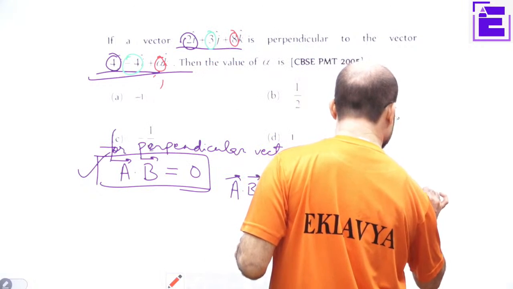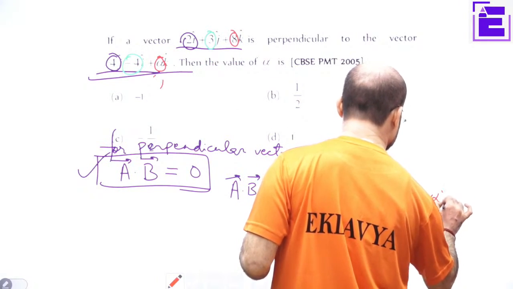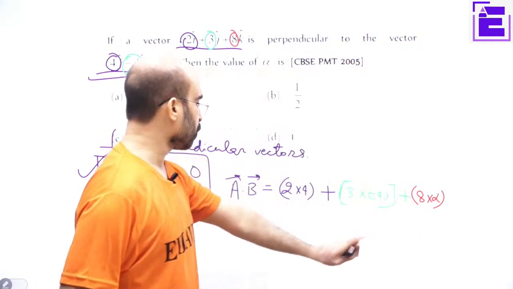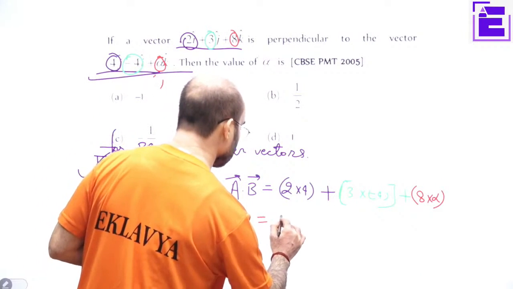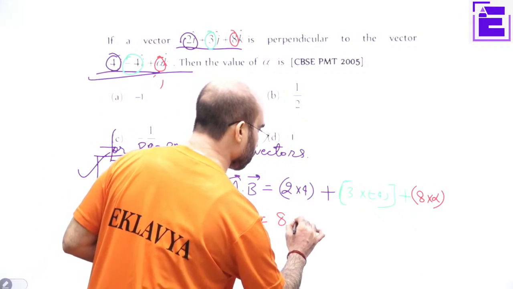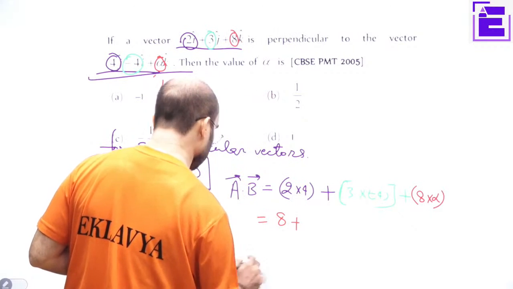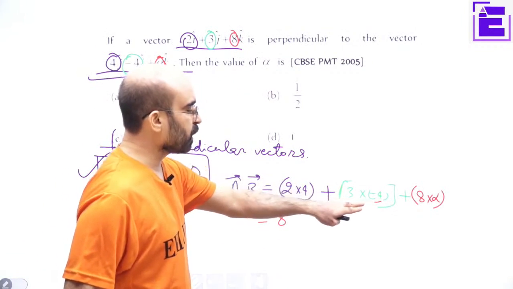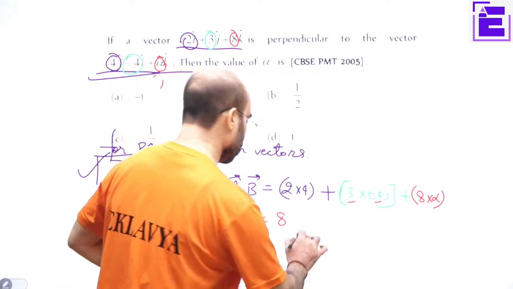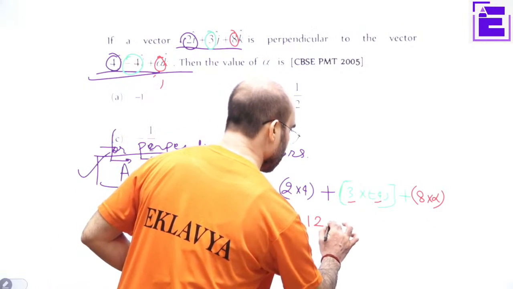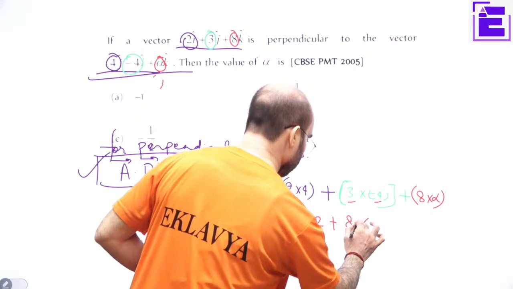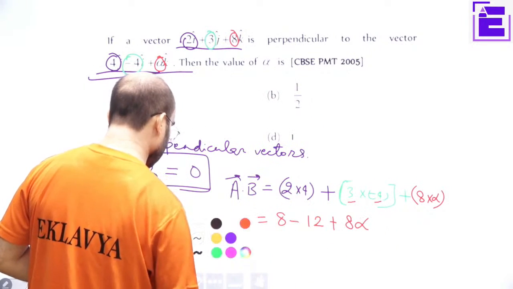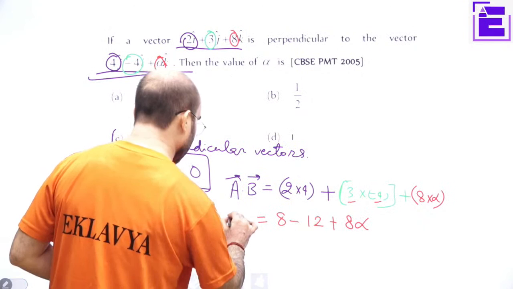So it will be 8 into alpha, right? So what is the final result? This is 8, plus, this is minus, no? 8 minus 4 into 3 is minus 12. So 8 minus 12 plus 8 alpha. So this is what we got as A dot B.